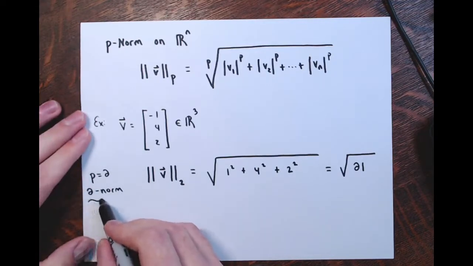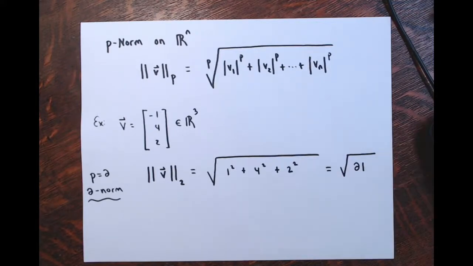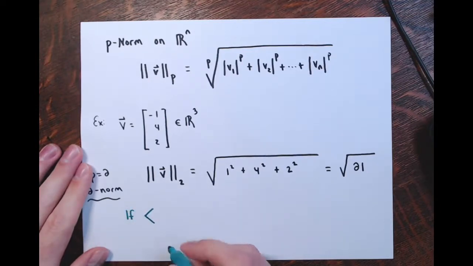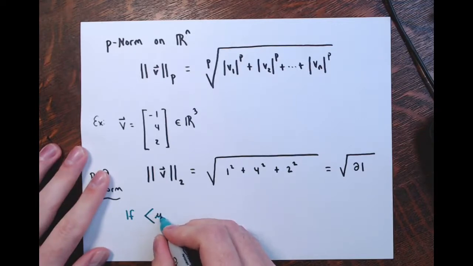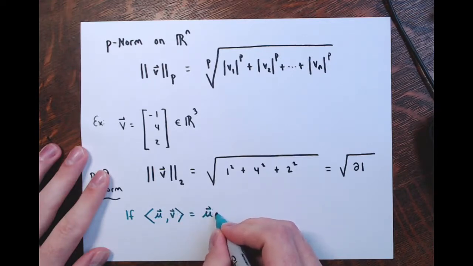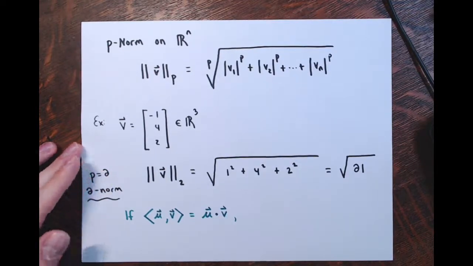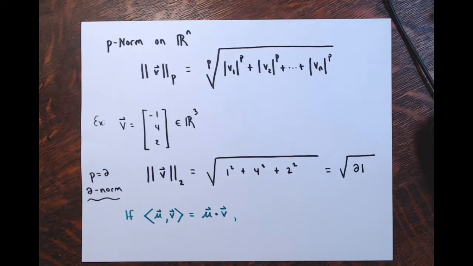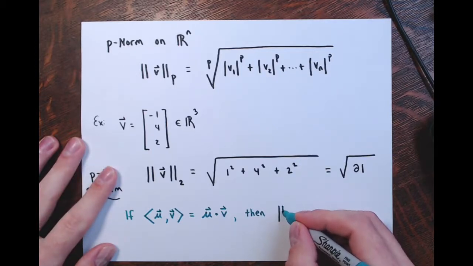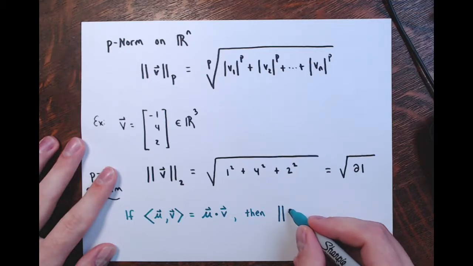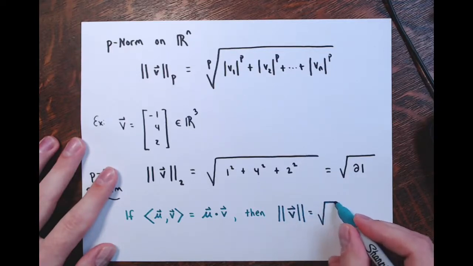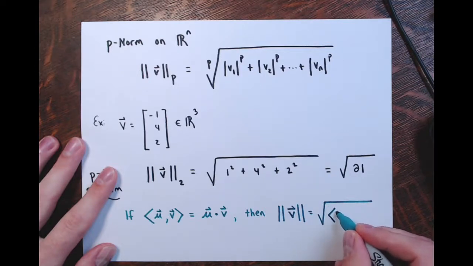Now, a little note about 2 norms. If the inner product of 2 vectors is just the dot product, remember where you just multiply the corresponding components and add them up, then that natural norm, remember that definition I read out earlier, the norm of v is the square root of the inner product of v with itself.